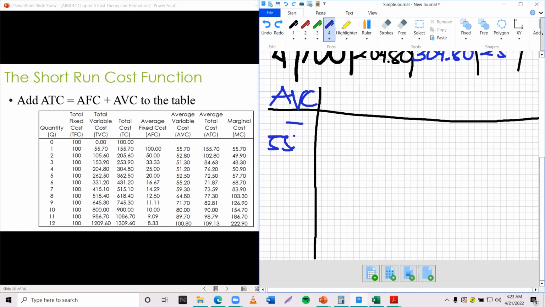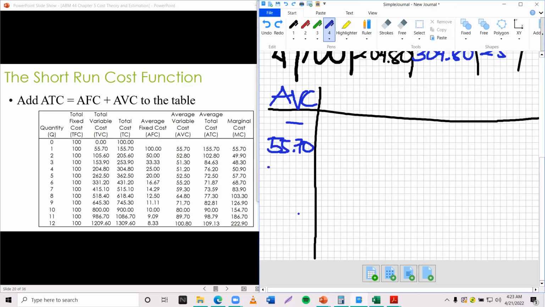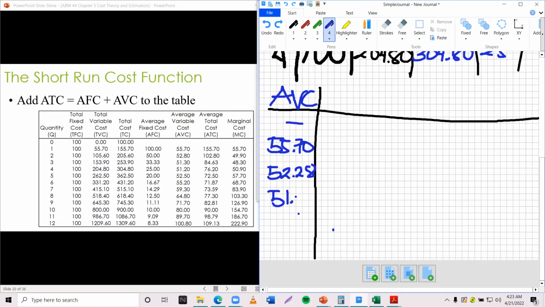Next, 105.60 divided by 2 gives you 52.80. Next, 153.90 divided by 3 is 51.30.